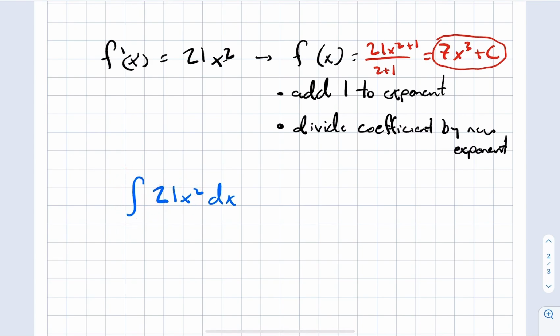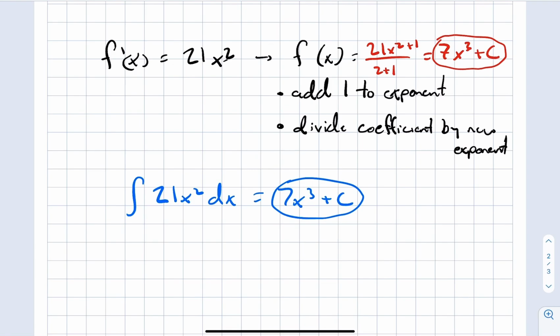This is the function we had, and that is the variable that we were doing it in terms of. So we did that, and the result was 7x cubed plus c. And then we can just circle that right there. So that is our end result in terms of the integration process.